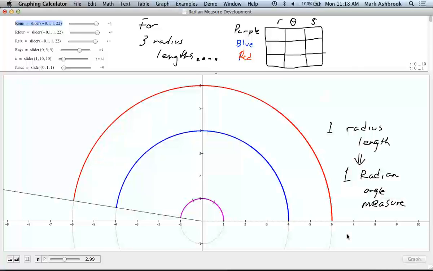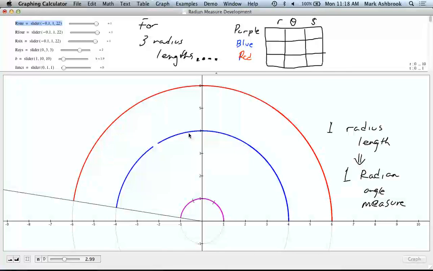What the angle is, that's what we talked about here. So where does that angle come from? Does that make sense? So for the purple one here, if this is 3 radius lengths, what angle is that in radians? 3 radians. Look right here. The number of radius lengths that's cut off by the angle, that's the angle measure in radians.